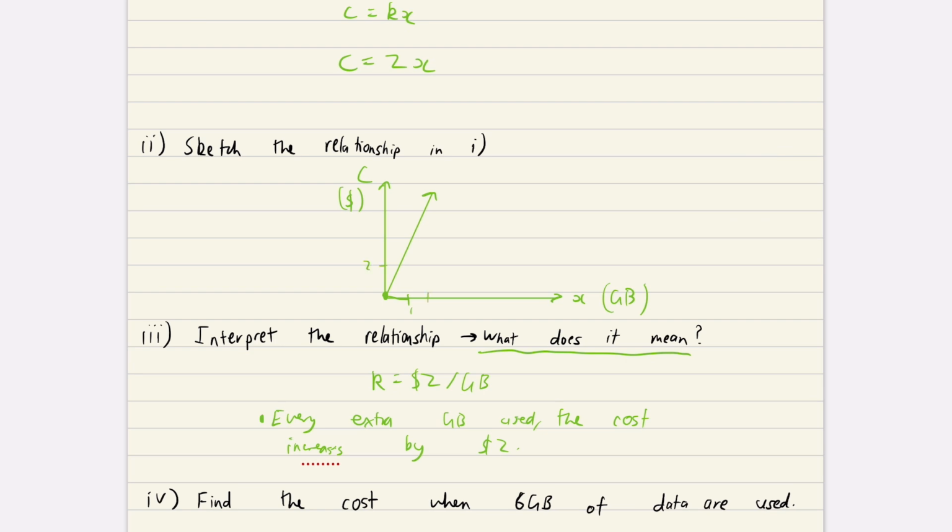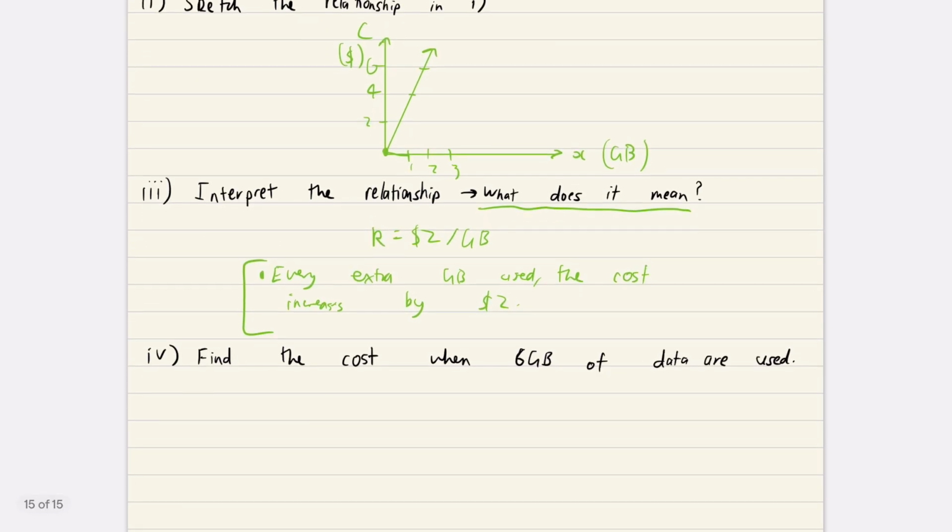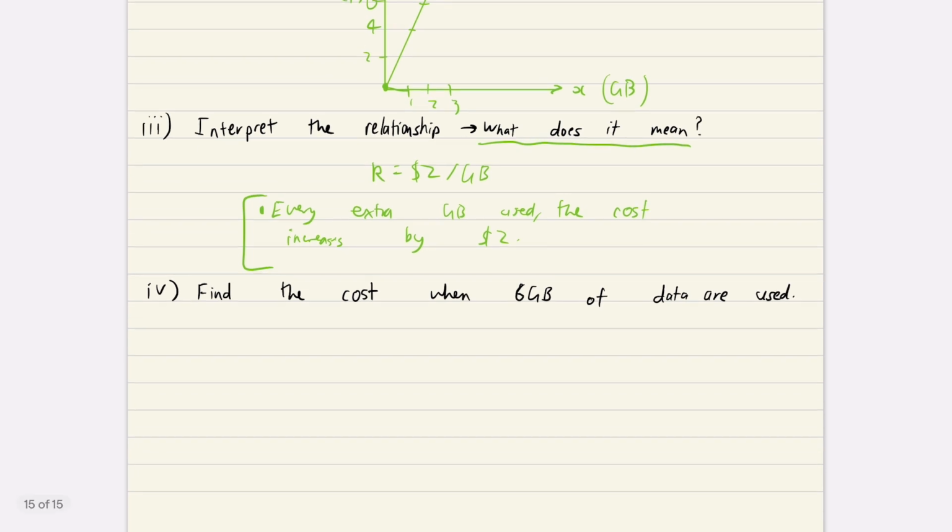But now if I use another gig, 2, my cost now goes up by another $2, so it's 4. Now if I use 3 gigabytes, my cost goes up another $2, so I'm sitting at 6 now. So it just keeps working like that. So that's what the interpretation is. We're always talking about the slope when we mean interpretation, and that's how you interpret. Every extra gigabyte used, the cost increases by your gradient, which is $2, which is 2, yeah?